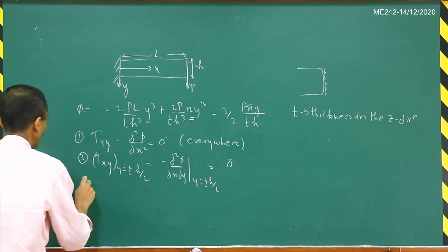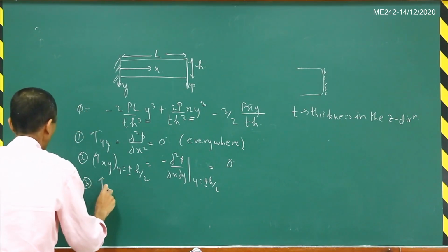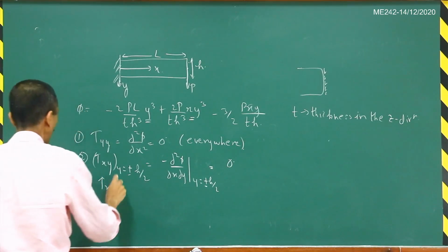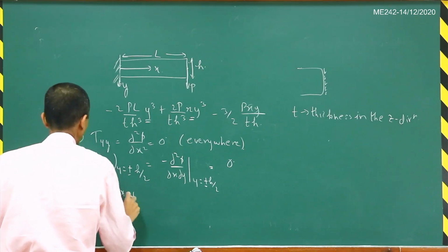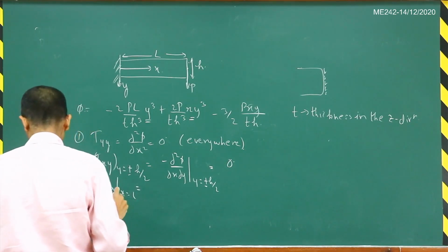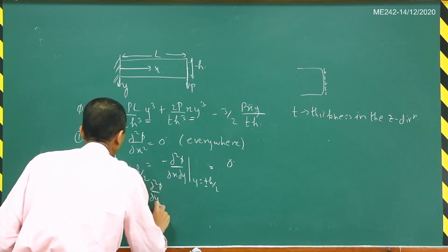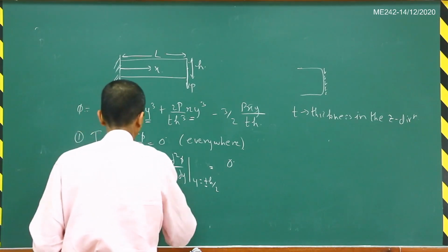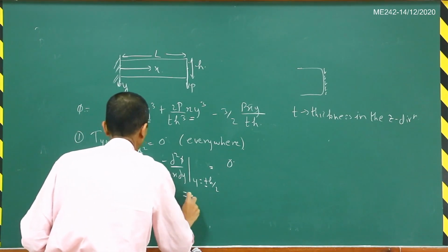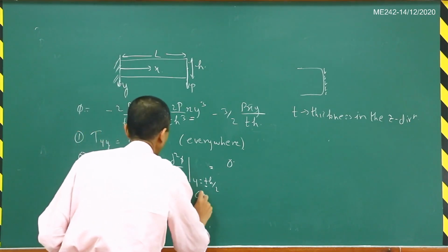Then the third thing is tau xx at x equal to L is equal to del square phi by del y square at x equal to L, and that is also equal to 0.